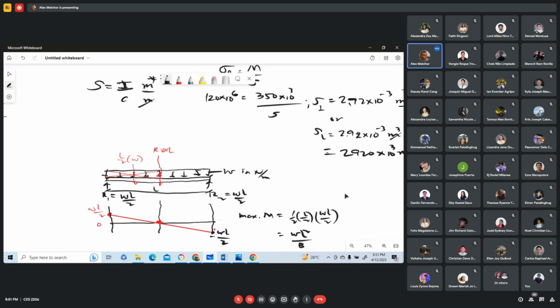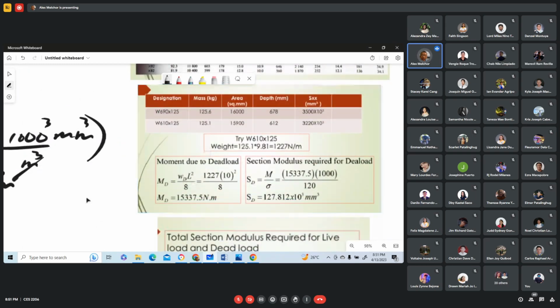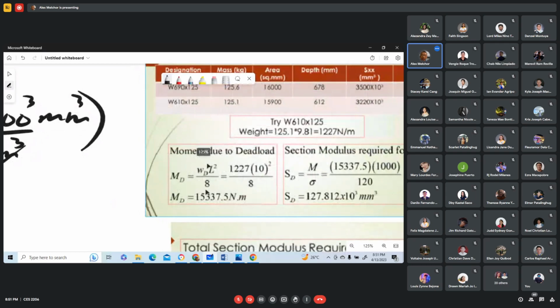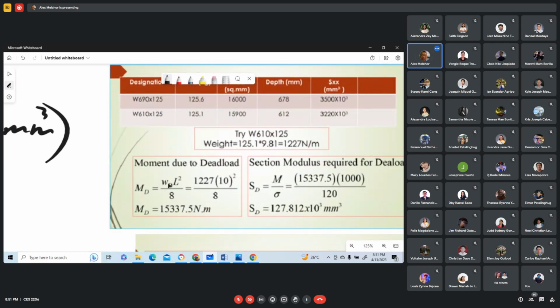Now you see that in here, you have WL squared over 8. Our W here is equal to this, 1,207 newtons per meter. The length is 10, squared, over 8. This is now the moment due to the dead load.